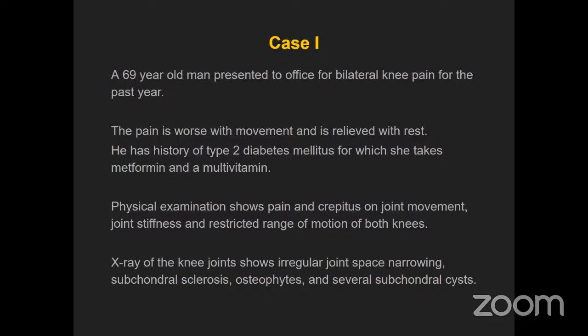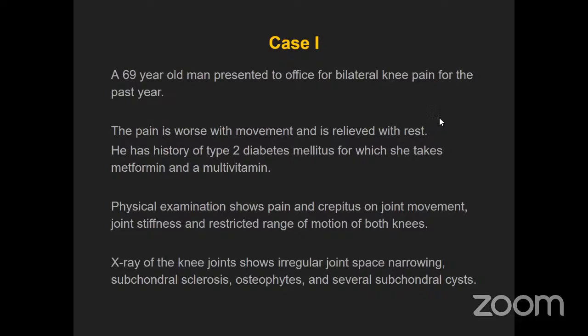So we have a 69 years old man presenting to the office with bilateral knee pain for the past year. The pain is worse with movement and is relieved by rest. He has a history of type 2 diabetes and takes metformin and a multivitamin.